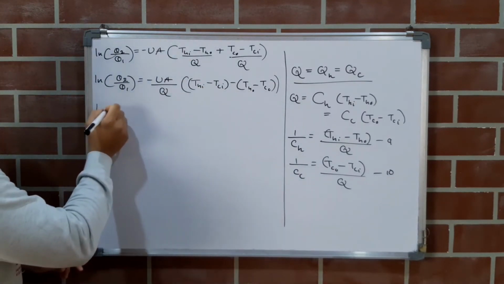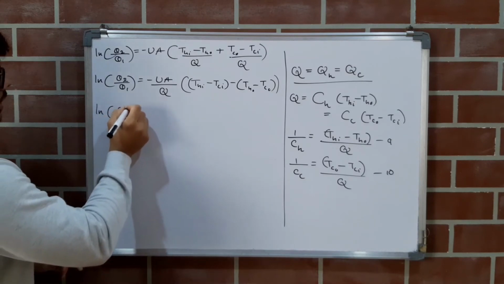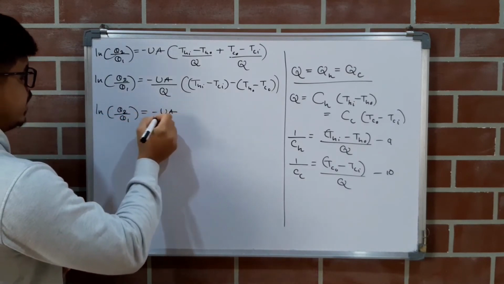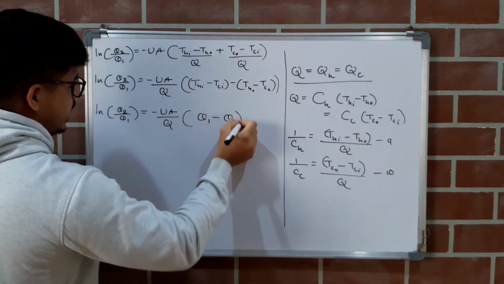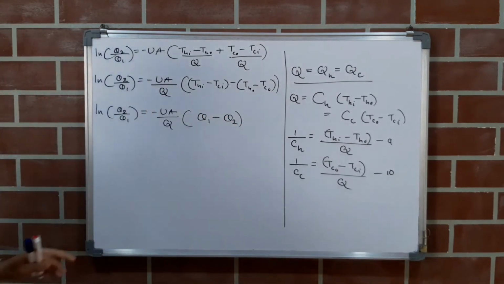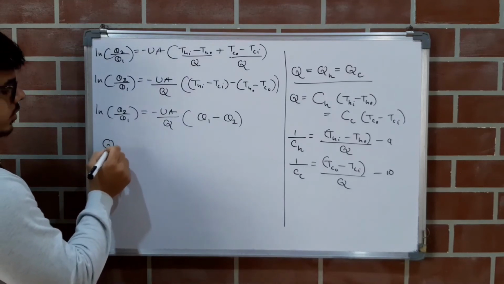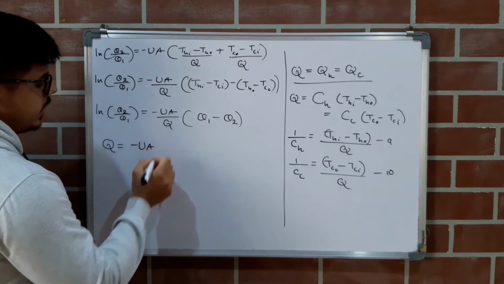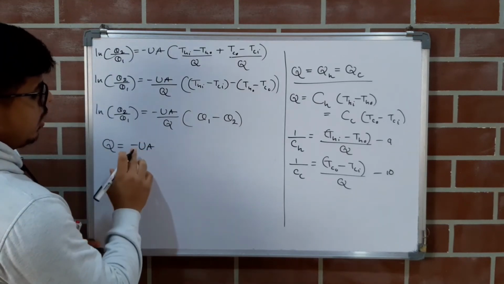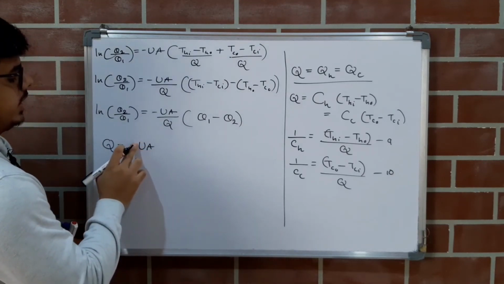So ln of theta 2 by theta 1 is equal to minus UA upon Q into theta 1 minus theta 2, right? Now we will bring Q on one side. So Q is equal to minus UA into, or we can bring this minus sign inside.